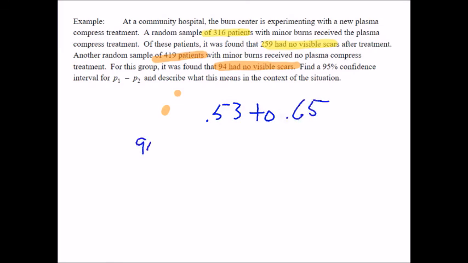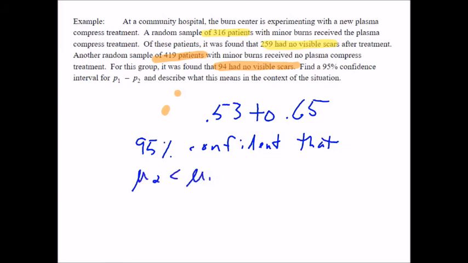Now, what this tells us is that we can be 95% confident that mu2 is less than mu1.